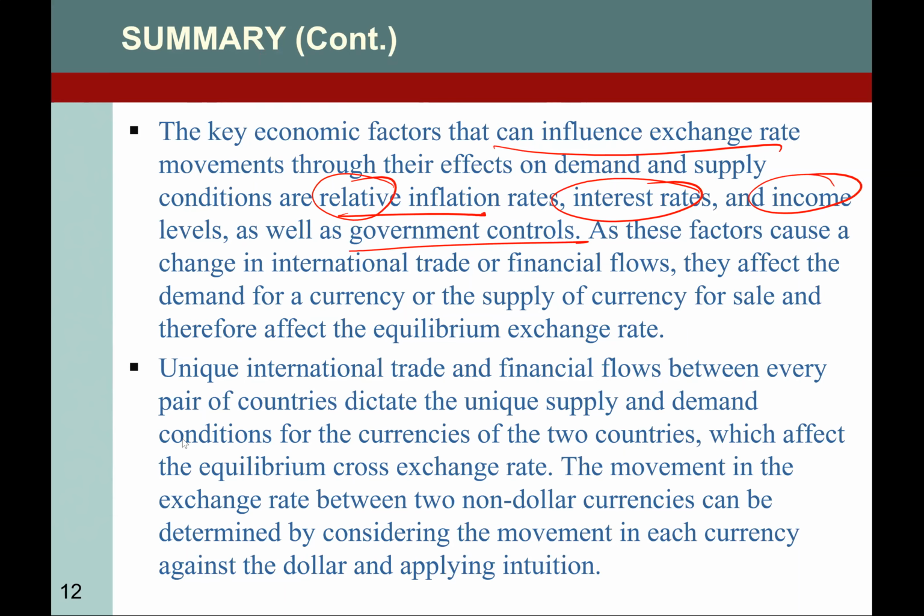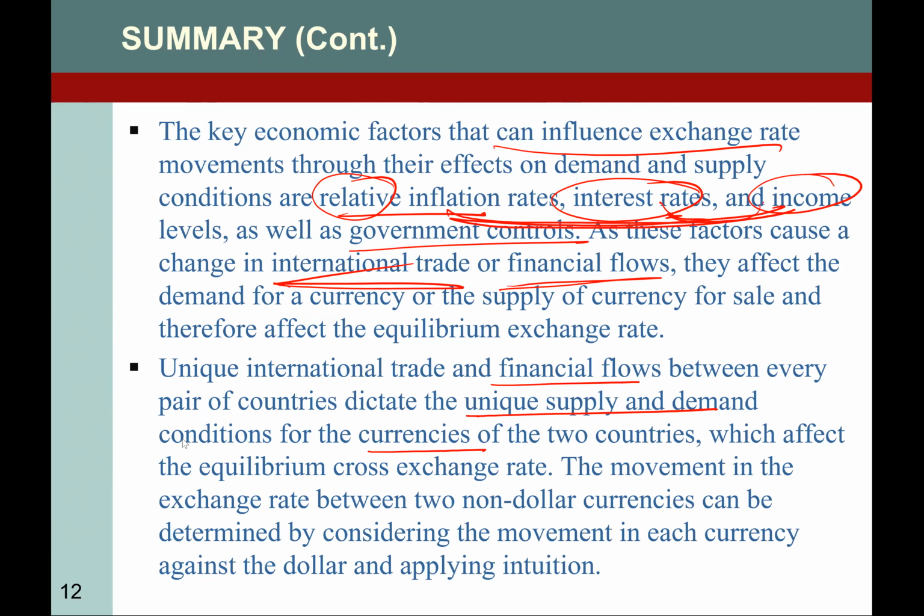We talked about how some factors are called trade factors and some are called financial factors. So unique international trade and financial flows between every pair of countries dictate the unique supply and demand conditions for currencies. Similarly, inflation and income have a connection.